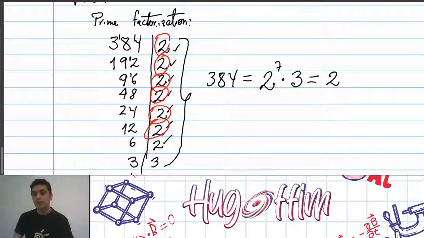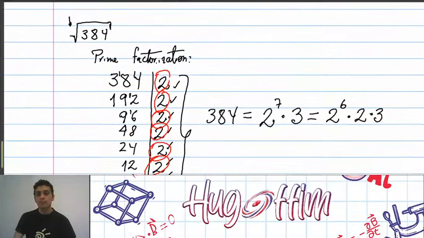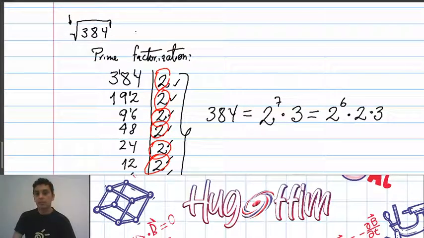Okay? 2 to the 6th power times 2 times 3. So I'm going to write it here. The root of 384 will be the root of 2 to the 6th power times 2 times 3.